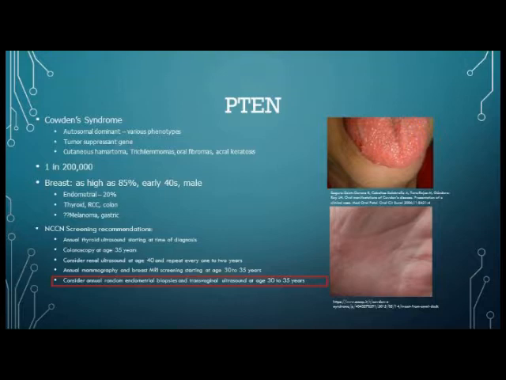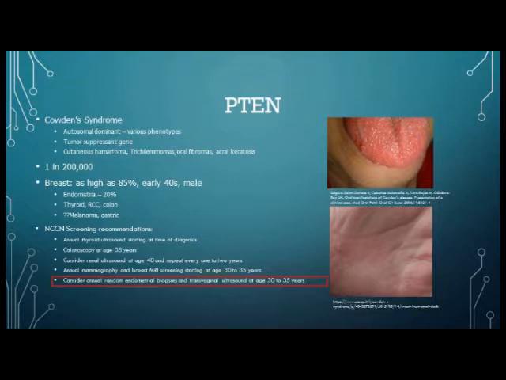But the specific mutation in PTEN that causes the cancer is known as Cowden's. It is a tumor suppressor gene. It is autosomal dominant. I have a couple pictures of the dermatologic stuff. These are little fibromas on the tongue, and these are keratoses on the hand there. It's about 1 in 200,000 people, so not a very common mutation.